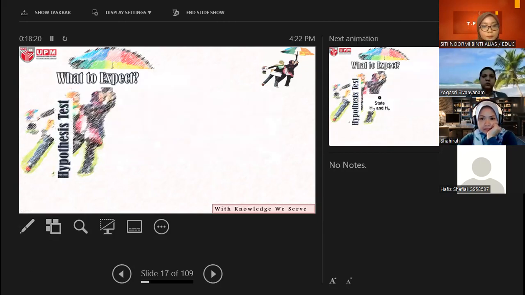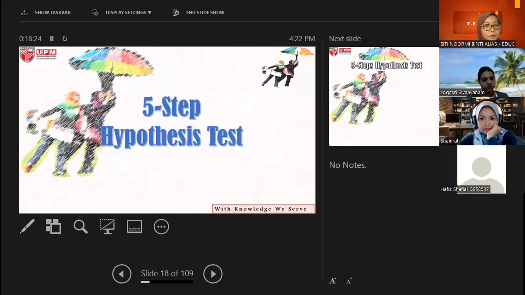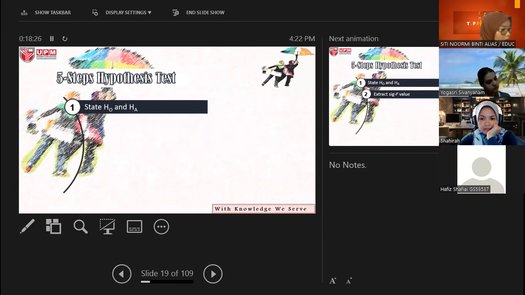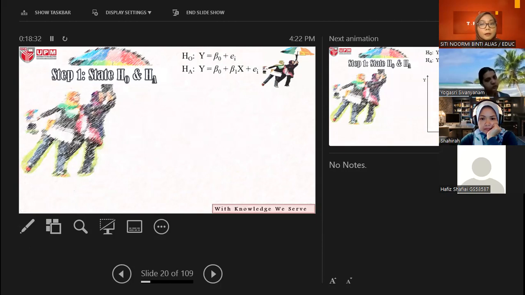For the inferential part, this is okay, fast. First, this is what we learned last time in our statistics class. To state the simple linear regression hypothesis, H0: y equals B0 plus E1, and the research hypothesis: y equals B0 plus B1 x1 plus E1.